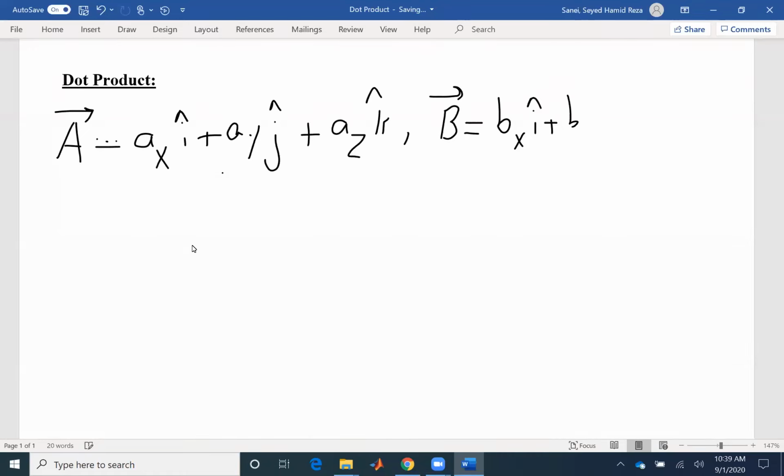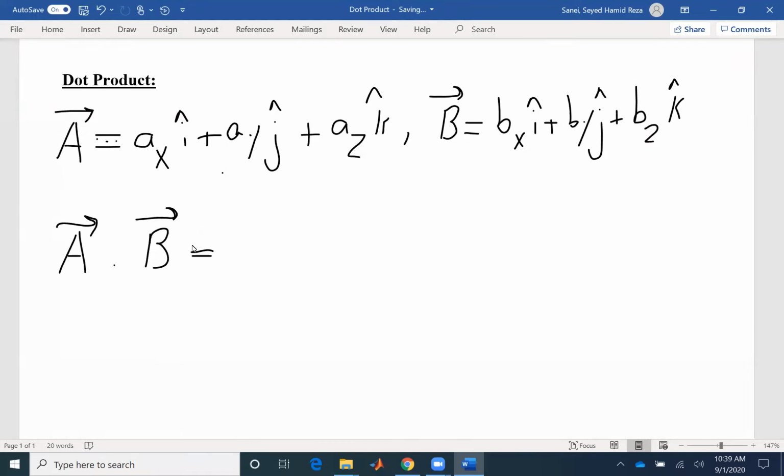And we have our two vectors and we can perform dot product. So the dot product of the two, A dot B. Here in this class, we are not going to refer to multiplication of the two vectors because it's a vague term, whether we are talking about dot or cross product.